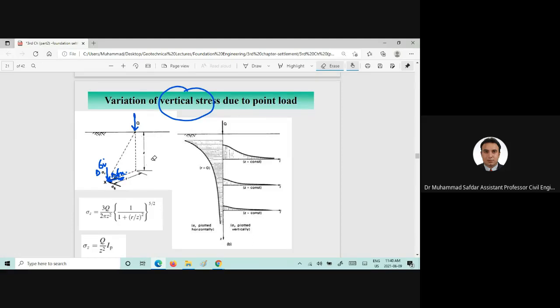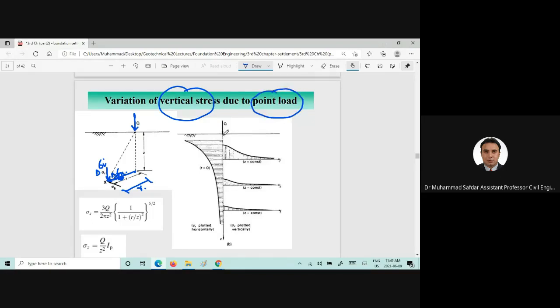Now in this lecture, we want to know what would be the stress increase at a particular distance, and that distance is R, for a point load. That is important.